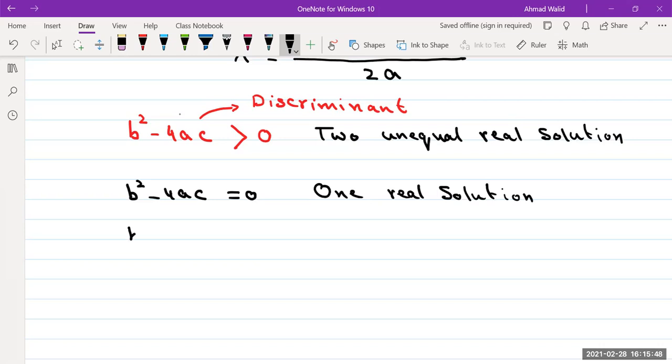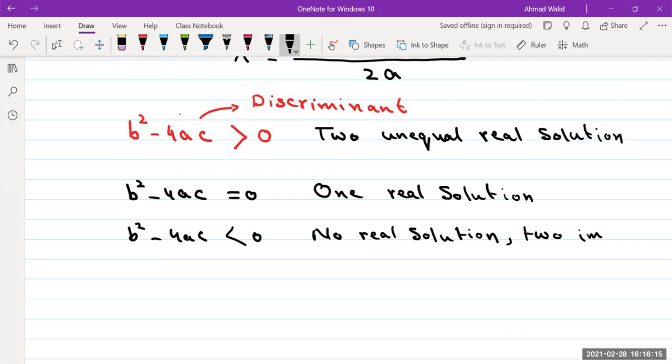And last, if b squared minus 4ac becomes less than 0, if it's a negative number, in this case, no real solution, but you have two imaginary solutions.